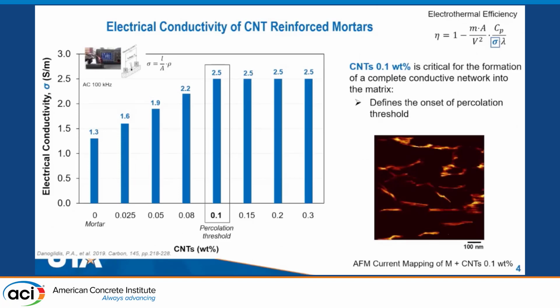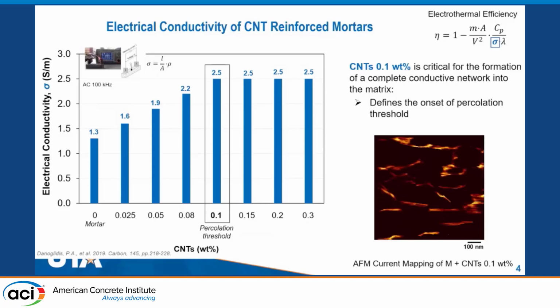Here we see the results that I presented in a previous session about the electrical conductivity of mortars reinforced with carbon nanotubes. To sum up, by increasing the nanotube content up to 0.1, we increase the electrical conductivity up to 2.5 Siemens per meter.